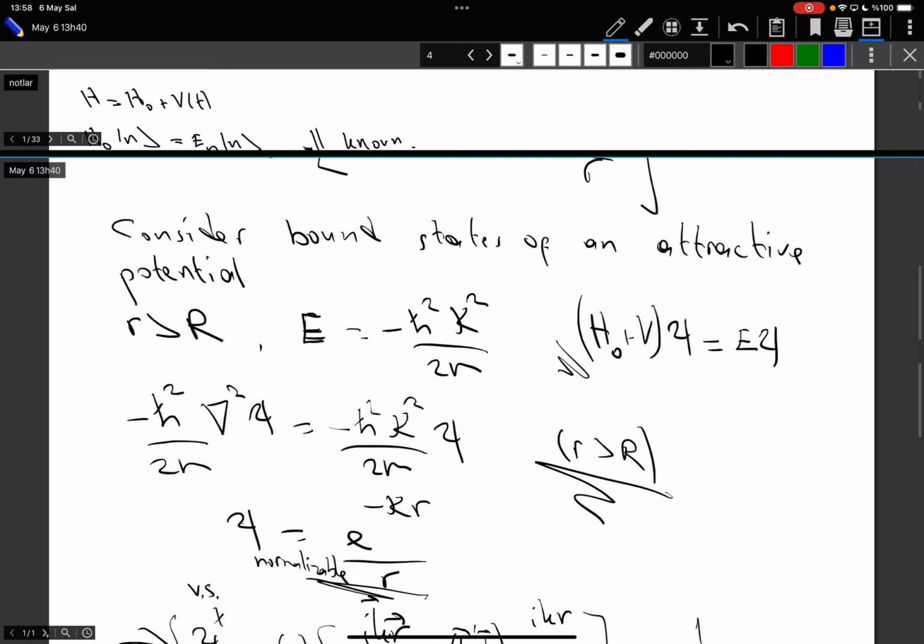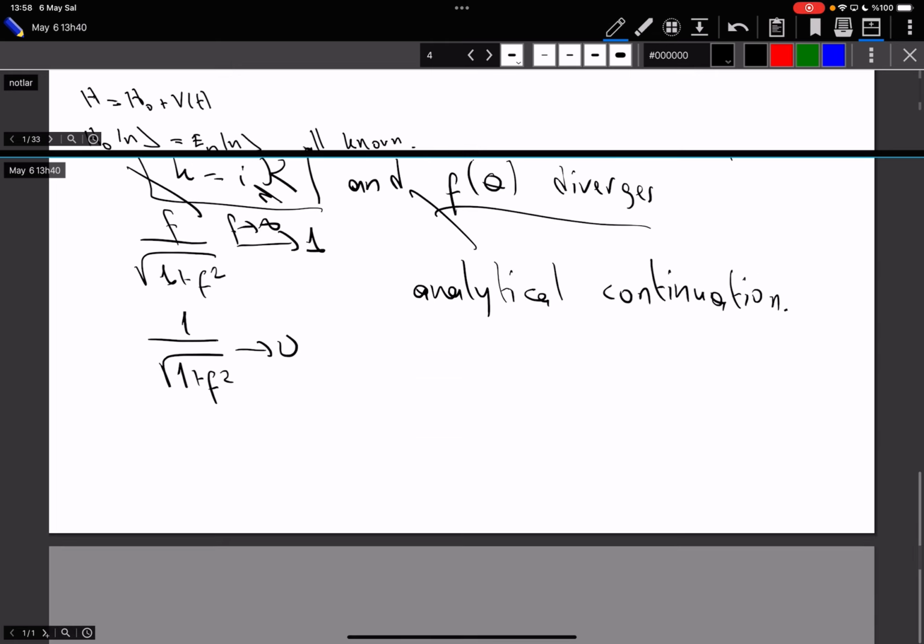You see, remember the solution of a Dirac delta potential. What did we do? We looked at the solutions in which the potential is 0, and then matched them somehow. Well, this is exactly what I'm doing over here. Or remember how you solve the potential well problem, a finite potential well.